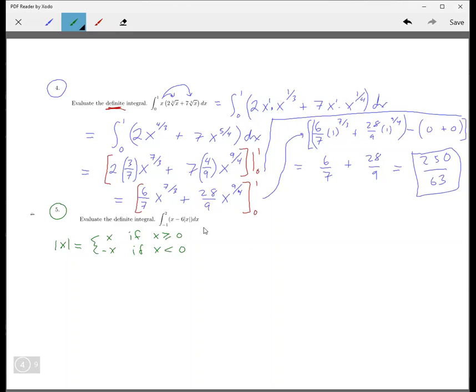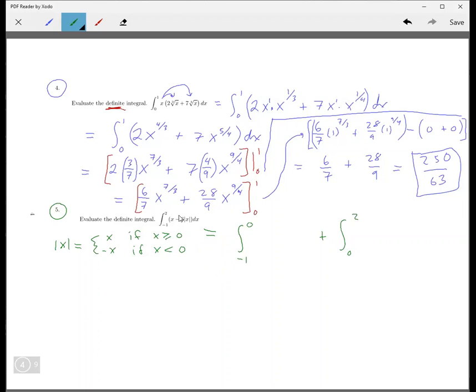And so what you want to do is split this integral up into 2 integrals. Okay, one going from -1 to 0, and then the second one going from 0 to 1. You can do that with any integral. Any integral will split up like this into 2 parts, as long as this works out.